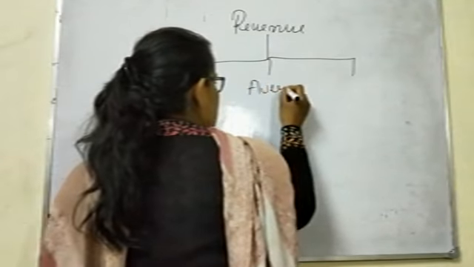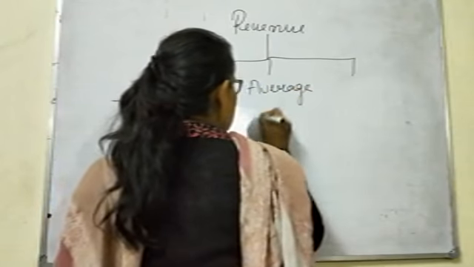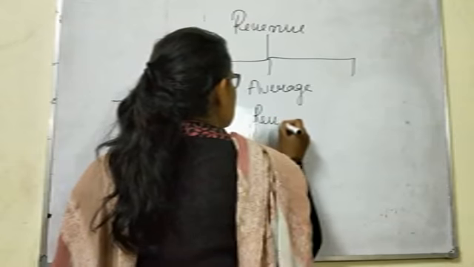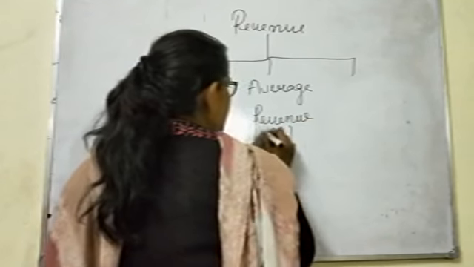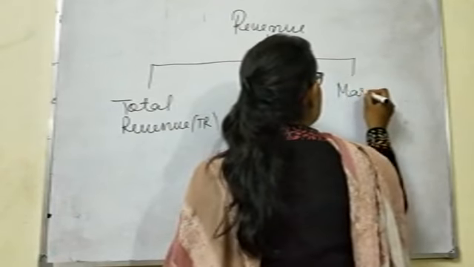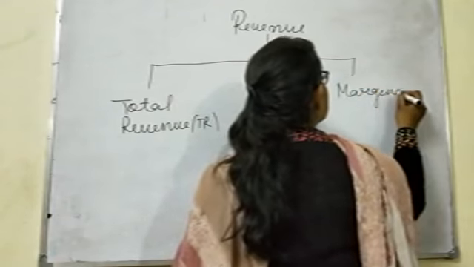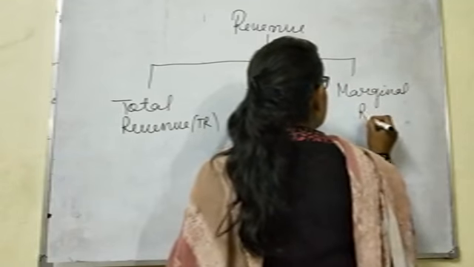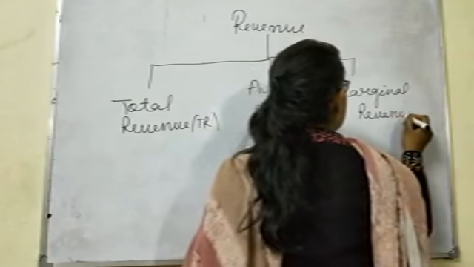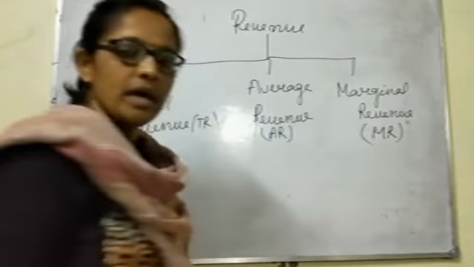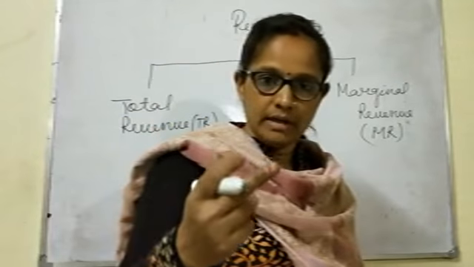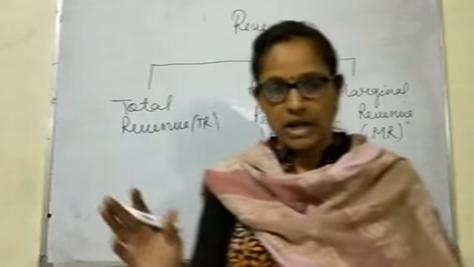Average revenue, that is AR. Marginal revenue, that is MR. Okay, the formulas I told you orally, so let me tell the formulas. Meaning of all I have given.